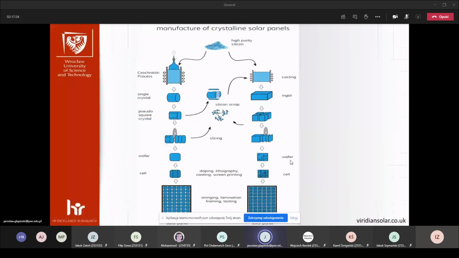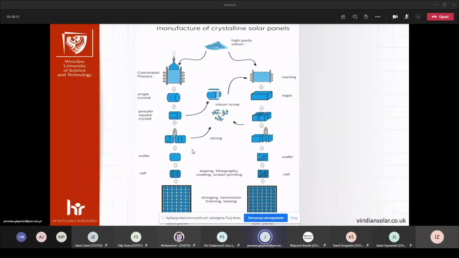There are, as a matter of fact, two main processes to produce solar cells. One is monocrystal and one is polycrystal. In the monocrystal, we produce a huge crystal, and then we cut it into smaller pieces and glue them together, electrically and mechanically.